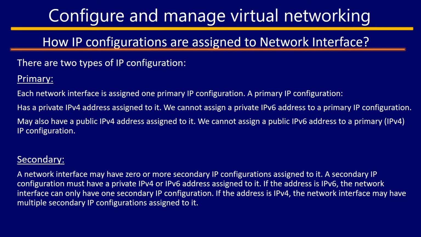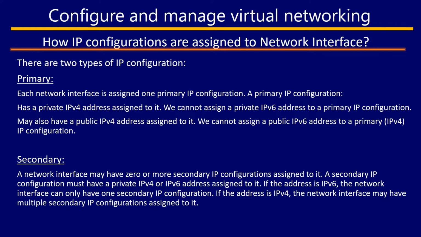The next question would be, how are IP configurations assigned to a network interface? There are two types of IP configuration. Primary: each network interface is assigned one primary IP configuration. A primary IP configuration has a private IPv4 address assigned to it. We cannot assign a private IPv6 address to a primary IP configuration.